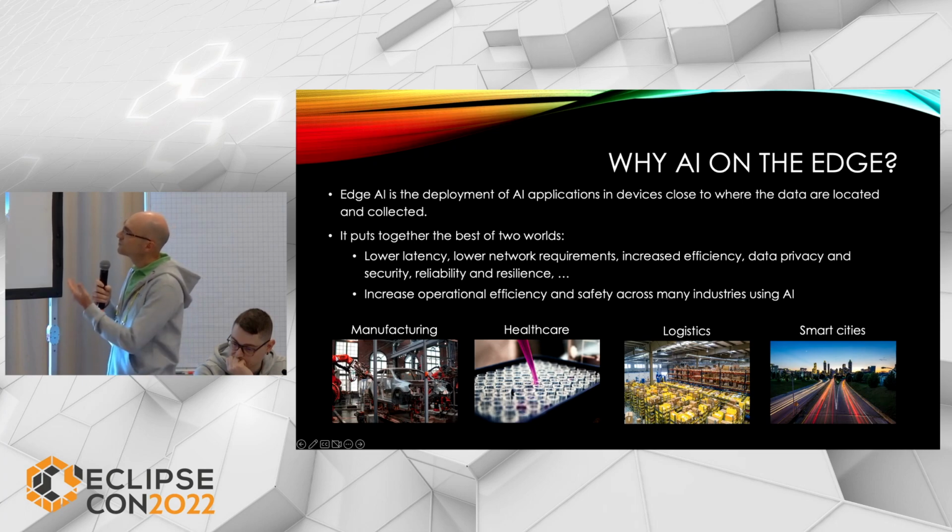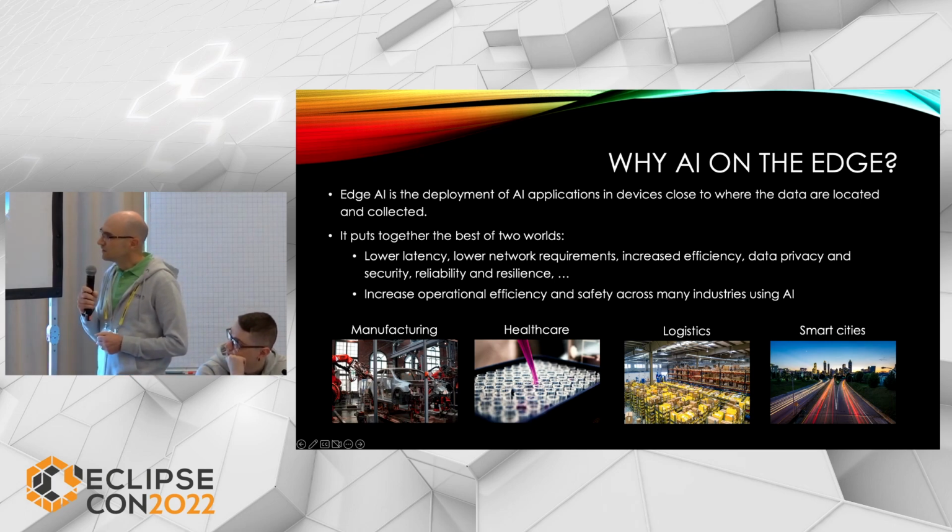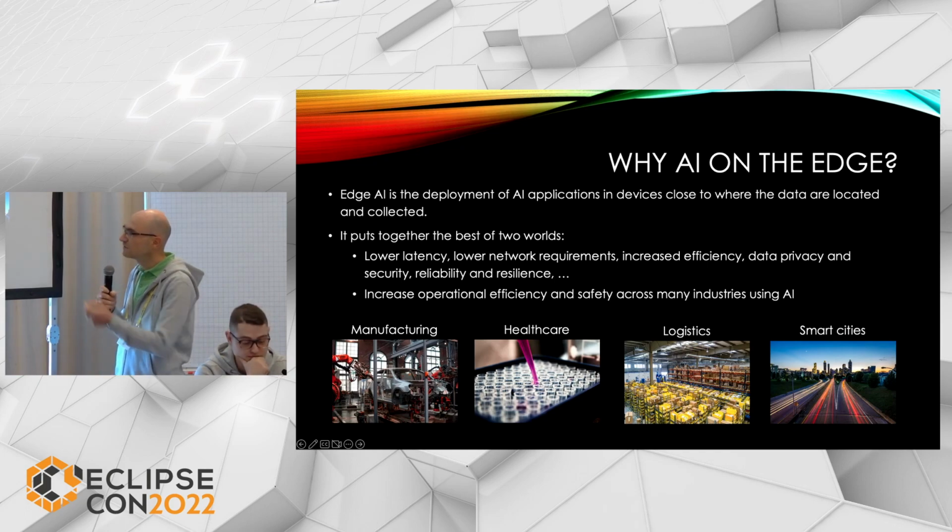Moreover, there are also improvements in data privacy and data security, because the data are on the device and are not spread in the net. Regarding AI, we can increase the efficiency and safety of our applications in many industries, like manufacturing, for example for anomaly detection, fault detection, healthcare and logistics, trying to increase efficiency, and also in smart cities.